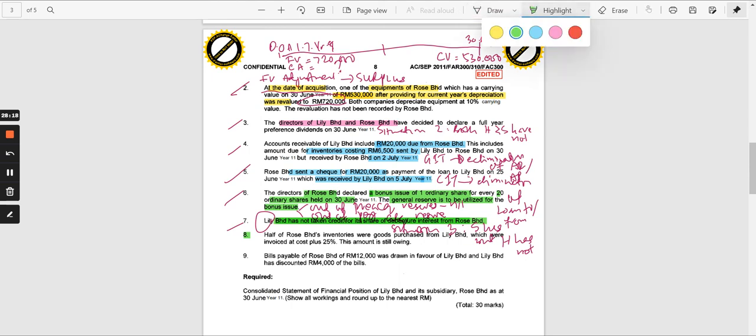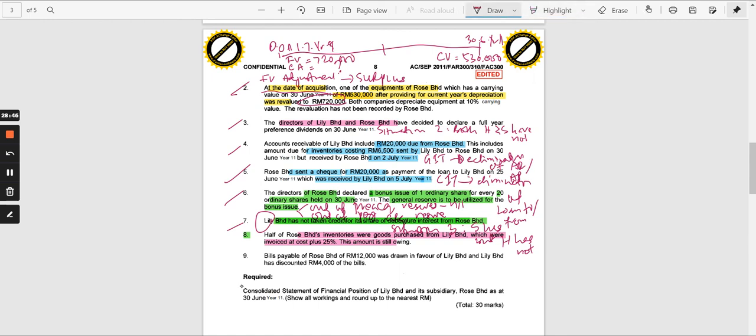Next is the item related to inventories. You are informed that goods were purchased from Lily at an invoice price of 25% cost plus. Amount is still owing. So this is intercompany sale of inventories, and you need to remove the unrealized profit on the sale of inventory.